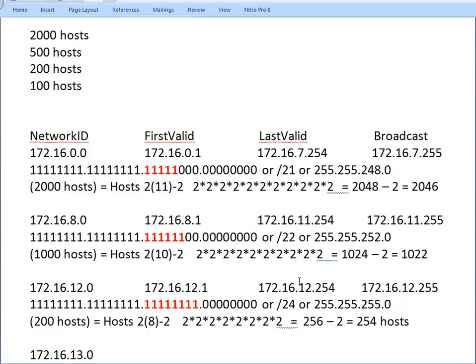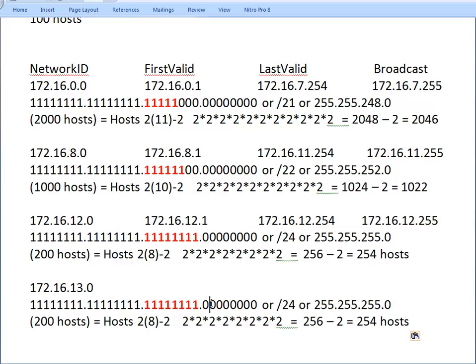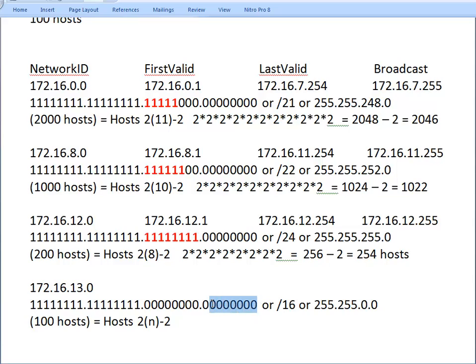And the last we're going to need is 100 hosts. Again, I'm going to copy some of this stuff and put it here. 1, 2, 3, 4, 5, 6, 7, 8. Okay. Now the last one is 100 hosts. For 100 hosts, if we reserve 7 zeros, that will be enough.